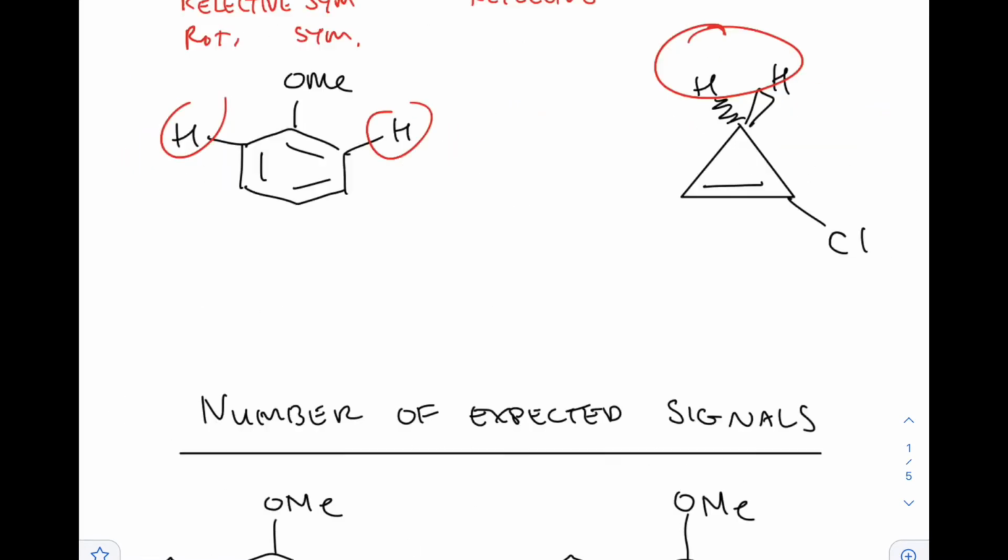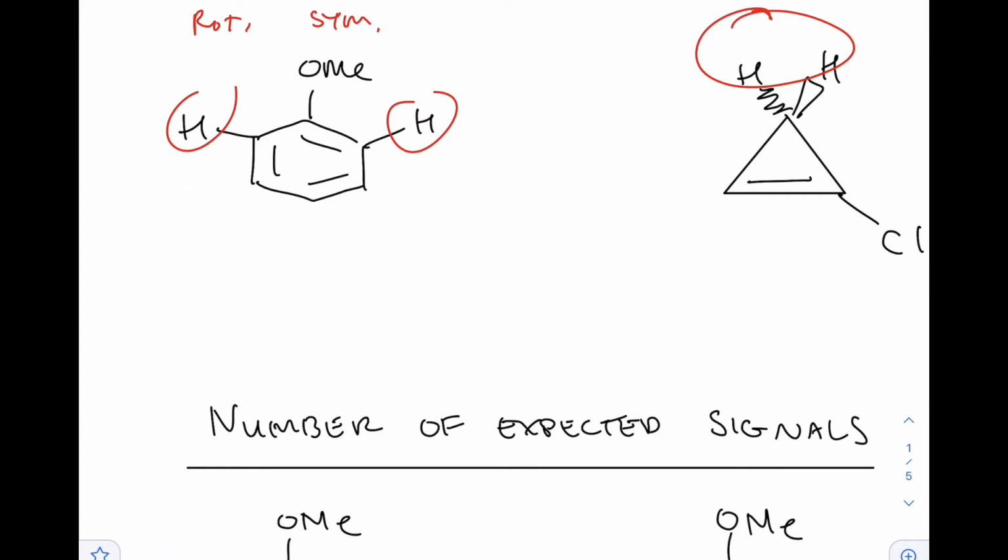So what do I mean by that? Let's focus on this one right here. If we rotate this molecule about that vertical axis, you can't really tell. If you closed your eyes and then I rotated it or did not rotate it and I asked you to guess, you wouldn't know. You have no idea, right?